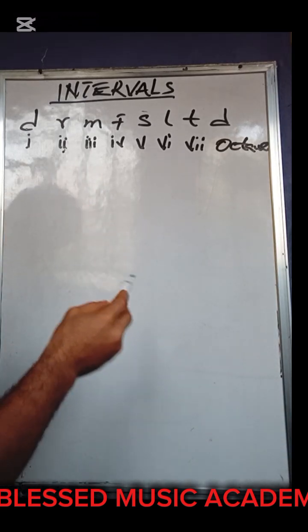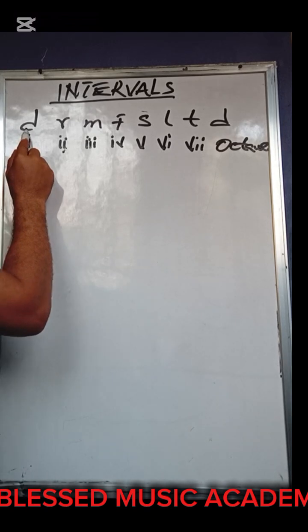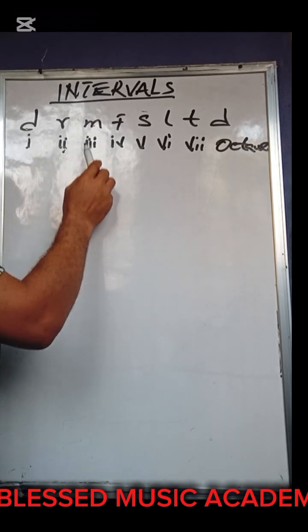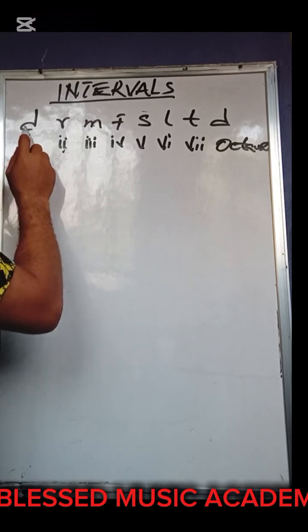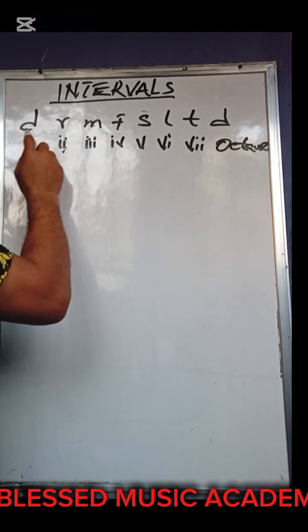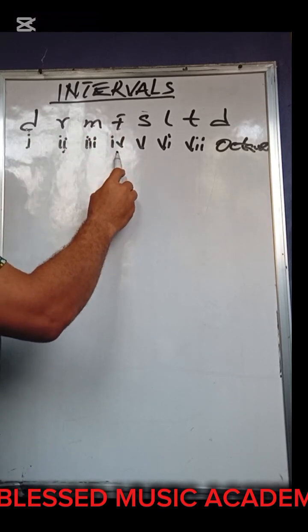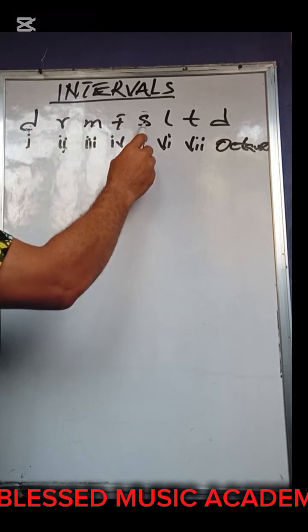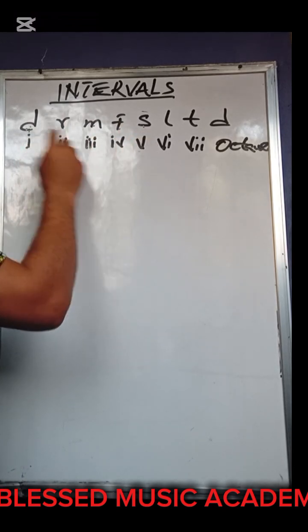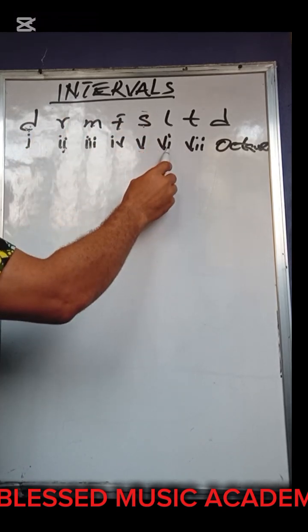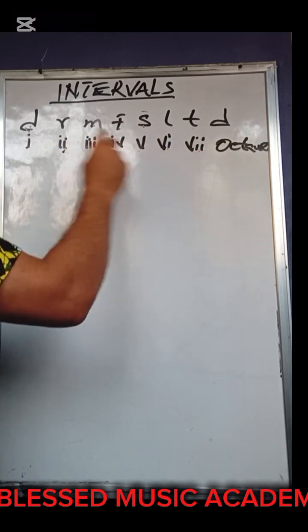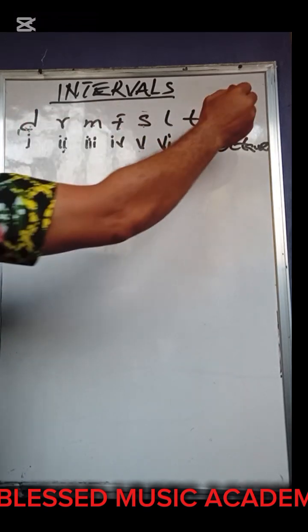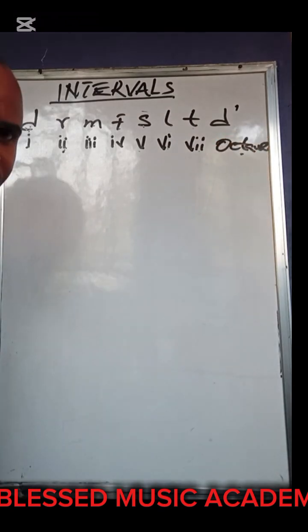Distance between do and fa is your fourth. Distance between do and so is your fifth. Distance between do and la is your sixth. Distance between do and ti is your seventh. Distance between the lower do and the upper do is your octave.